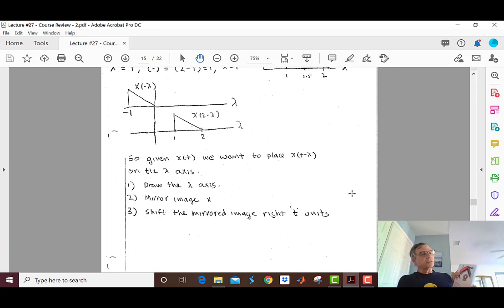By the way, that's this book right here. And if we look right here, we go to the chapter on digital filtering, and there it is. There's the lambda axis, and here is your discrete integration.